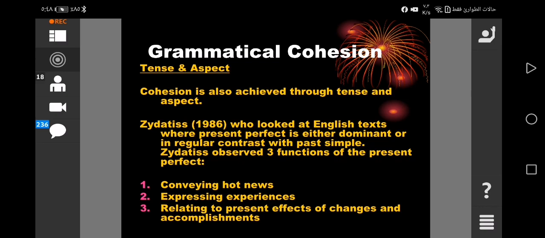So take this example of Zydetis. Well, Zydetis looked at English texts where present perfect is either dominant or in regular contrast with past simple. So either present perfect or past simple.